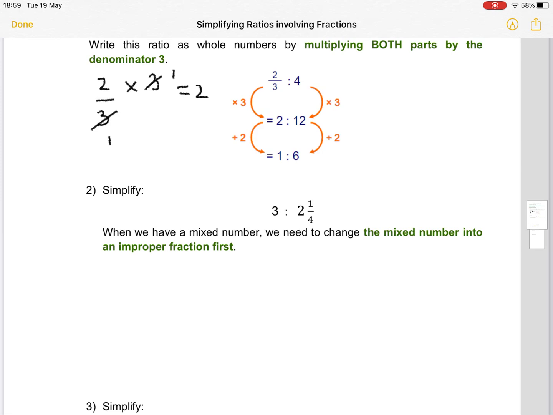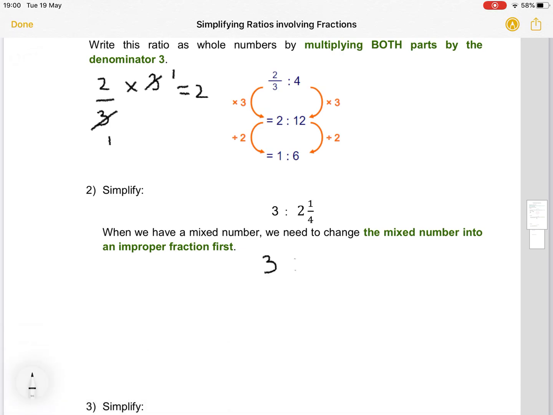Now, let's try an example in which we have a mixed number, okay? When we have a mixed number, we need to change that mixed number into an improper fraction first, okay? It's important when we have a mixed number to change to an improper fraction first. So the 3 remains at 3 for the moment. The 3 remains at 3.